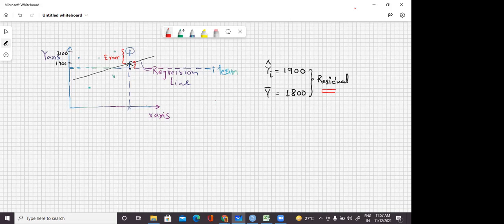Now, this actual value, which we denote by yi, without anything above it, yi, that is the actual value. Here the actual value is 2100, and our predicted value is y hat.